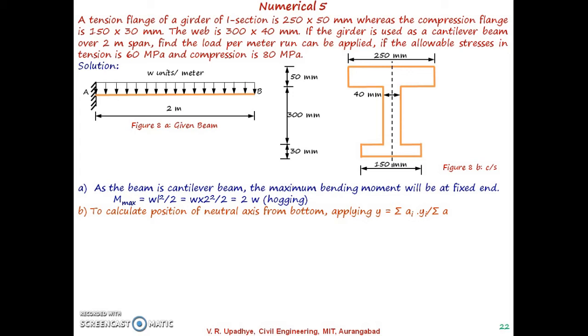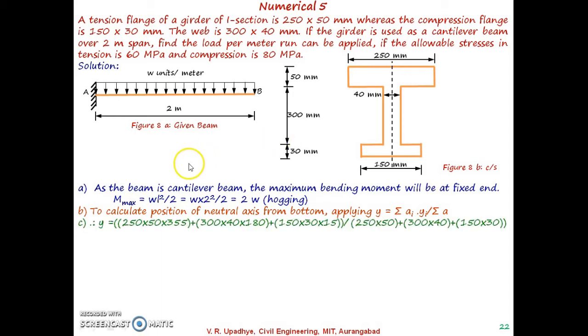So if we consider moment of areas of these three rectangles about the bottom, then what we can write is, for the first, the top area, that is the top flange, 250 by 50, into its distance from bottom. From top it is 25 mm, so from bottom it becomes 30 plus 300 plus 25. That gives us 355 mm. So that is A1 Y1.